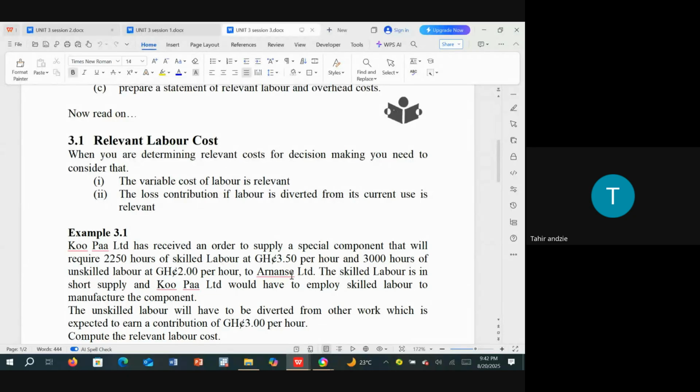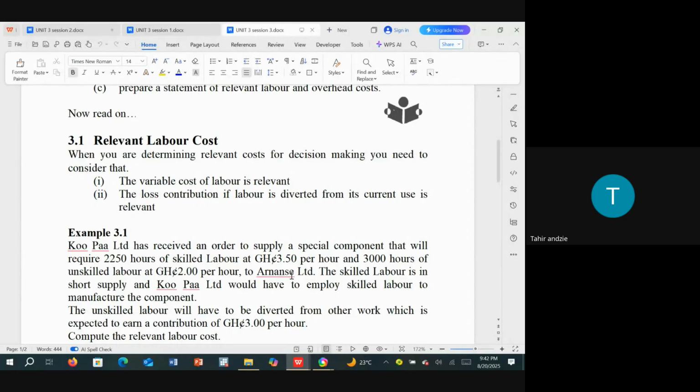If the labor is not available and you are going to employ them for a particular decision, then that cost of labor is the variable cost of labor and it is relevant. Also note that the lost contribution, if labor is diverted from its current use, is relevant.